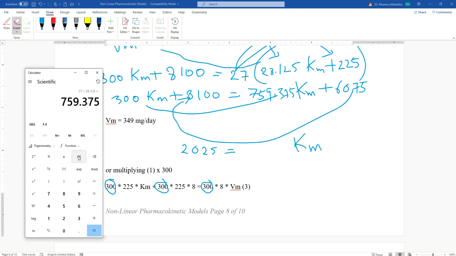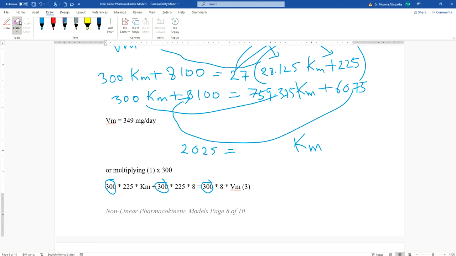So 759.375 Km minus 300 Km give me 459.375. I don't know how did I get that number 20,000 something.